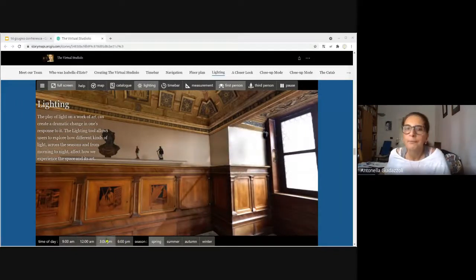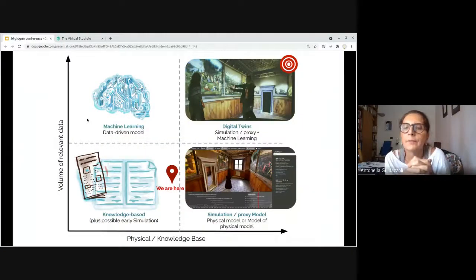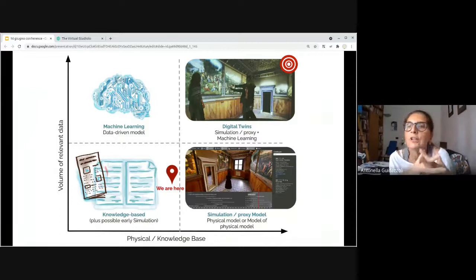So coming back to the idea of the digital twin, we think that this perspective of digital twin applied to Isabella d'Este is interesting, because, as we can see in this diagram, we can expand the data sources on one axis, or we can expand the collection of simulation and knowledge on another axis.